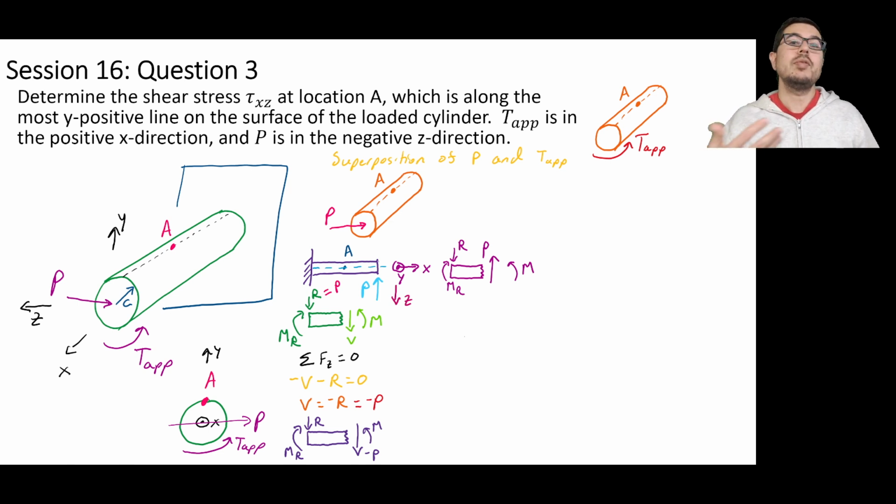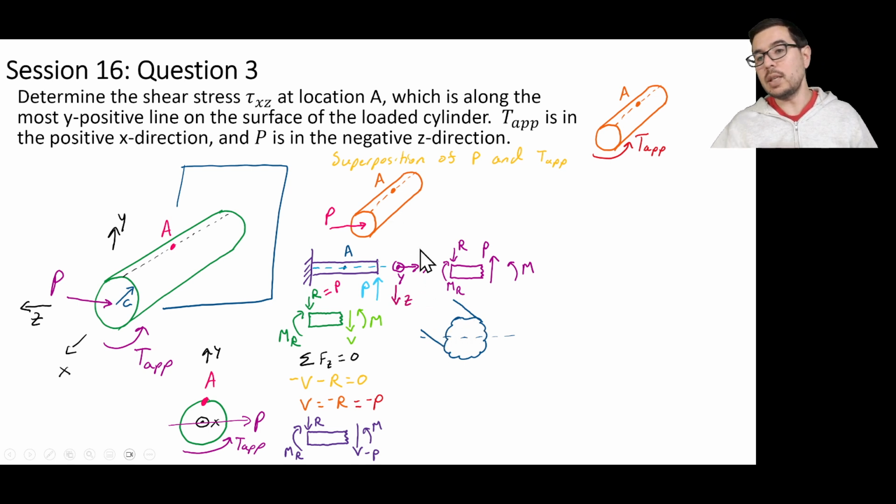Once you've realized how we got to this simple drawing, that's what we're doing here. Again, a little bit more detail and an extra drawing that you wouldn't necessarily need to do every time. But if I took a slice now, this is a slightly different perspective. It's going to the right. And this is a slice at location A. And this here is what we'll call the neutral axis. This was the longitudinal axis, and I might have been a little bit confusing about that a few seconds ago in this video.